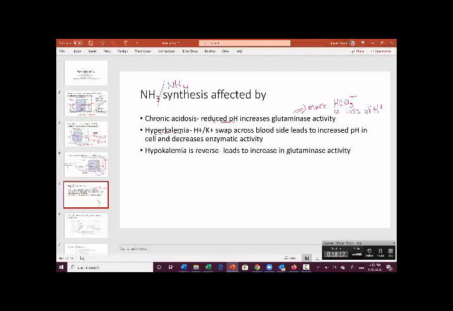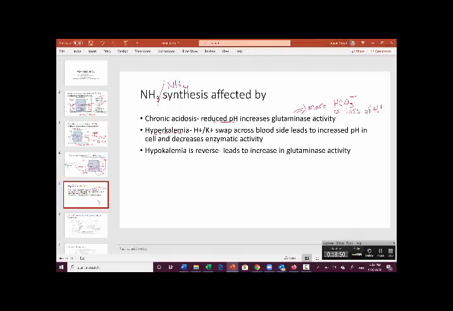Hyperkalemia. I'm going to explain in just a few slides how hyperkalemia means an increased potassium level in the blood, in the plasma. That's what emia means, in the blood. And when there is hyperkalemia, potassium is trapped more inside the cell, and again, I'll explain this, hydrogen must be exchanged for it.